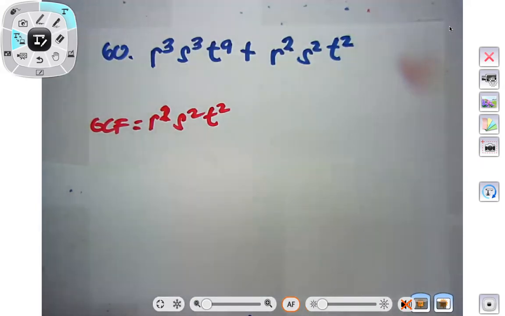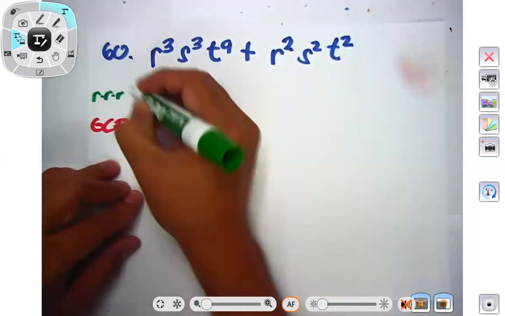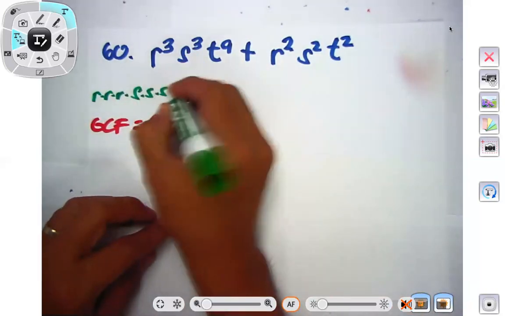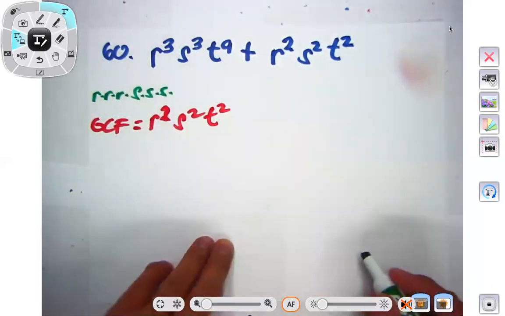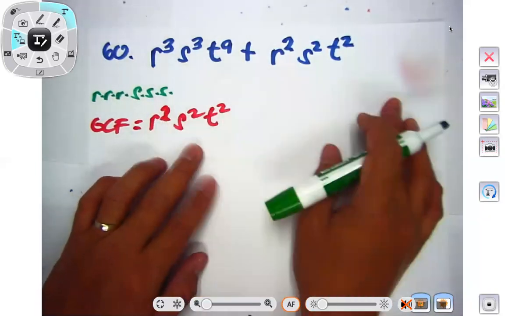Let's show that using the prime factorization. For r cubed, you have r times r times r. It's going to be a lot of expanding here. s cubed, s times s times s. Wow, t raised to 9. So that means we have to expand this, writing t 9 times.